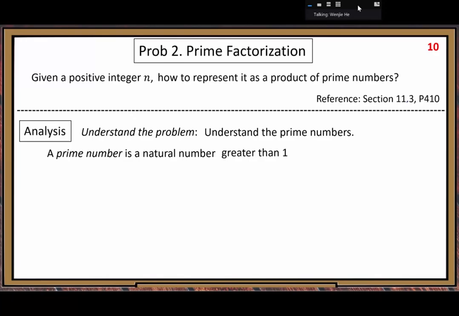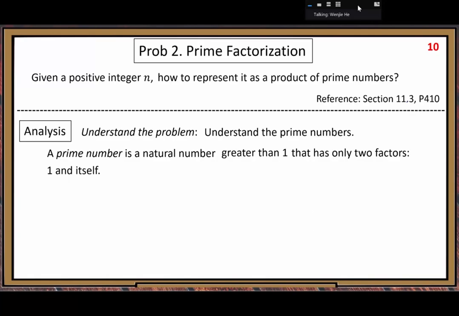Not 1. 1 is not a prime number. We call it a unit number. 1 is the unit, so it's not a prime number. A prime has only 2 factors: 1 and itself.